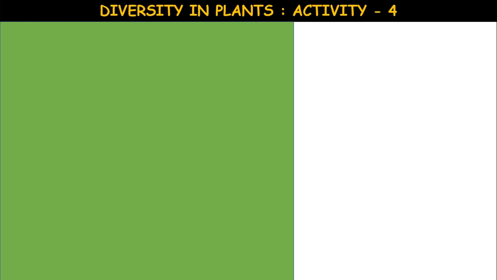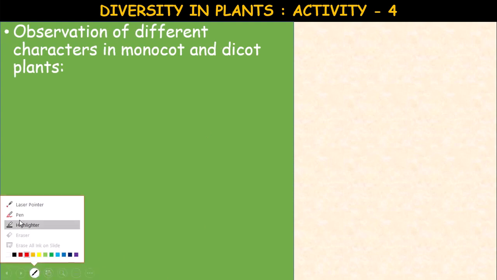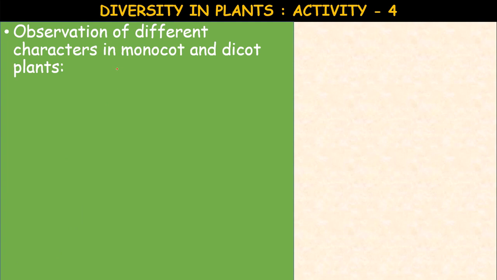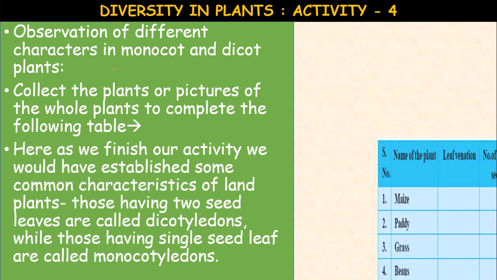Diversity in plants, activity 4. That is observation of different characters of monocot and dicot plants. So collect the plants or the pictures of the whole plant to complete the table. The table is given here.